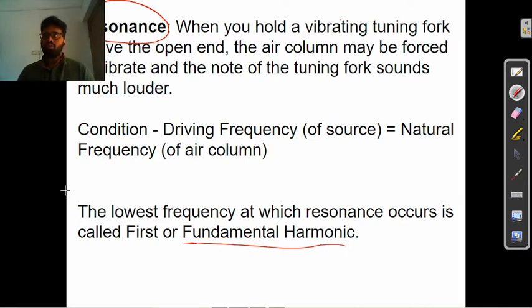You can also observe resonance without any equipment. If there is a fan or something switched on in your room, you can keep your hand closed like this and keep it near your ear. What you have is something similar to a two open-ended pipe. Here I have an open end, here I have an open end.